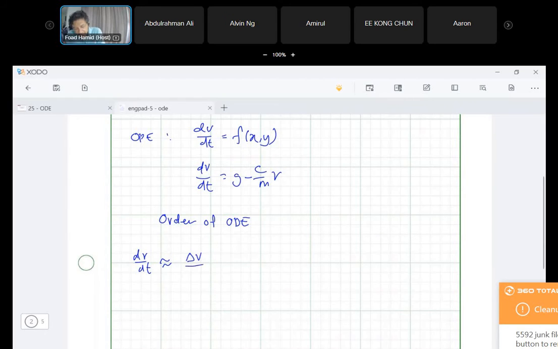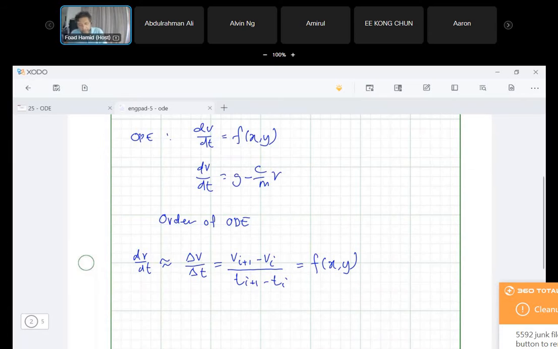Delta v divided by delta t can be approximated as vi plus 1 minus vi over ti plus 1 minus ti. So v new minus v old over t new minus t old. And this is just a function of x, y, for example.